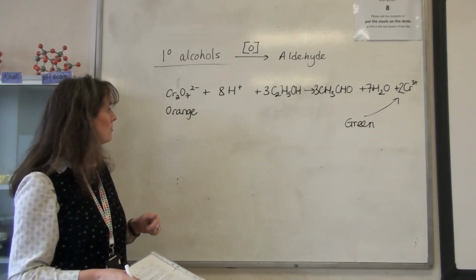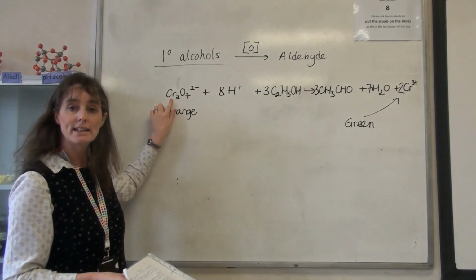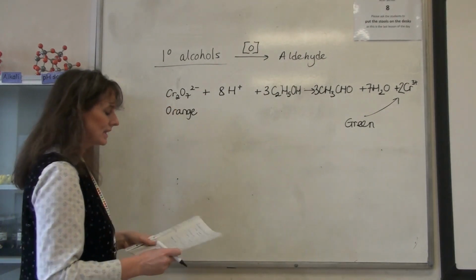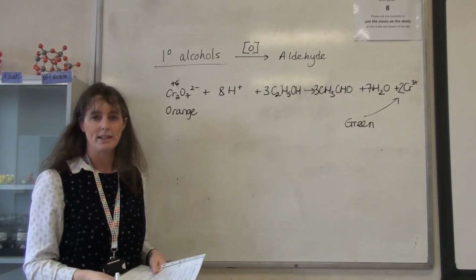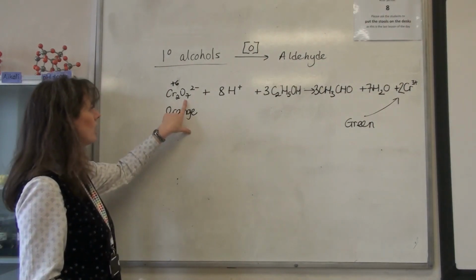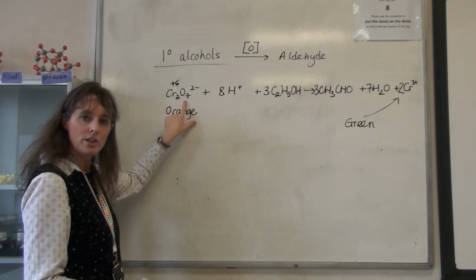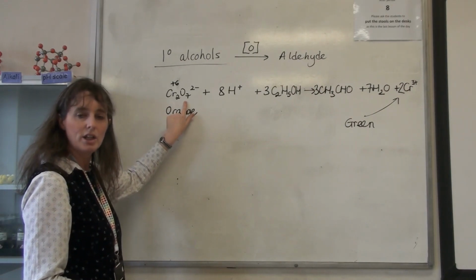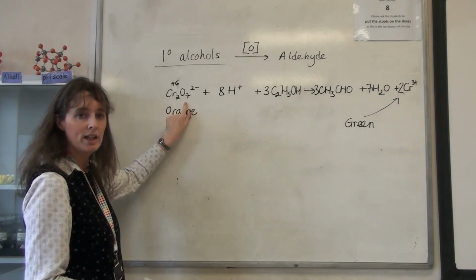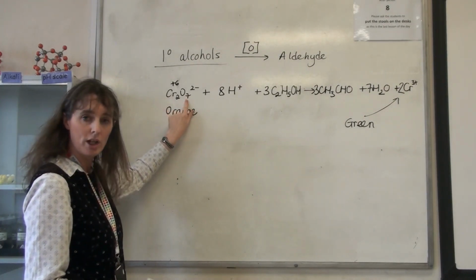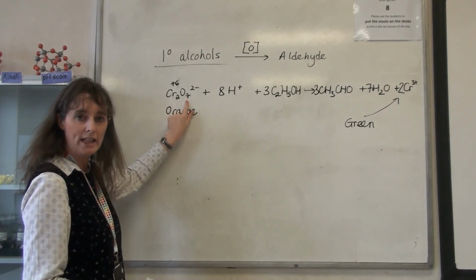So the chromium is in the +6 oxidation state in the dichromate. You have 7 oxygens. Remember, oxygen is usually 2 minus. So that's 7 lots of 2 minus, which is -14.